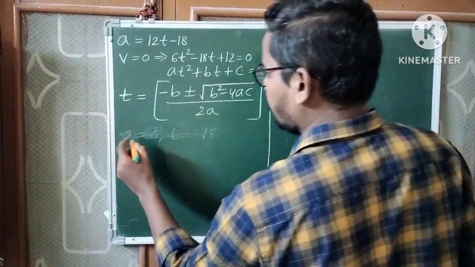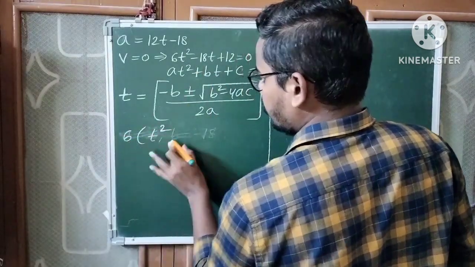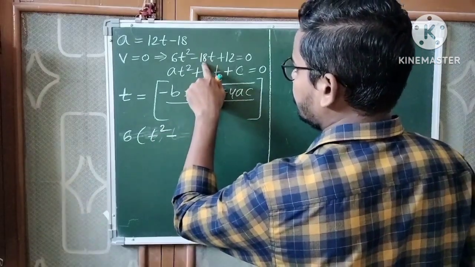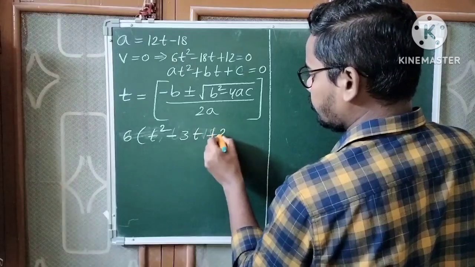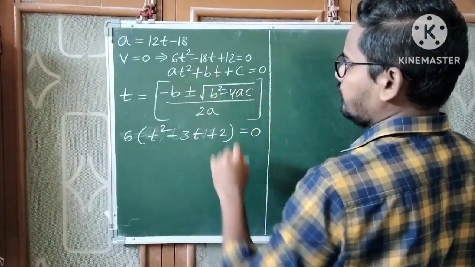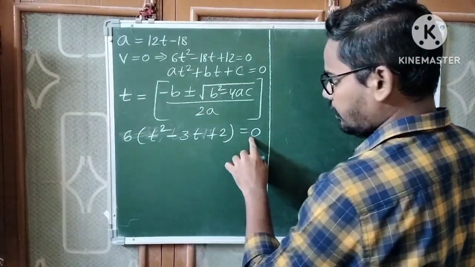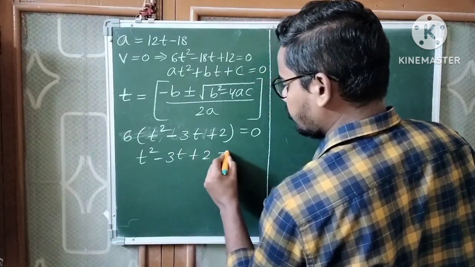So we can take 6 common. Take out 6 common in this equation. So you will get t²; 6 times 3 is 18, so -3t; 6 times 2 is 12, +2 = 0. Because here 6 is a common factor in 3 terms. Now transpose 6: 0 by 6 is 0. So you will get the simplest form t² - 3t + 2 = 0.